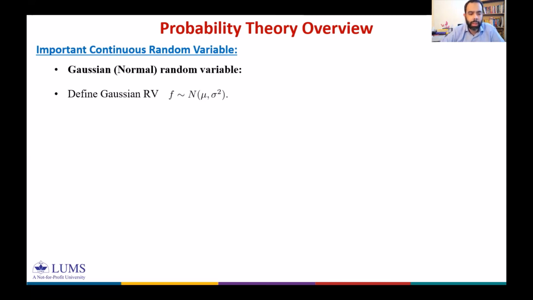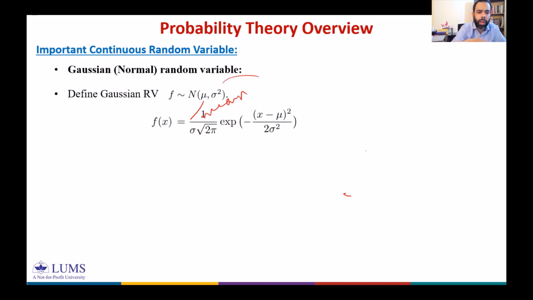So this PDF is parameterized by two parameters. One is called mu, which is the mean, right? And sigma square, which is called the variance of the random variable.